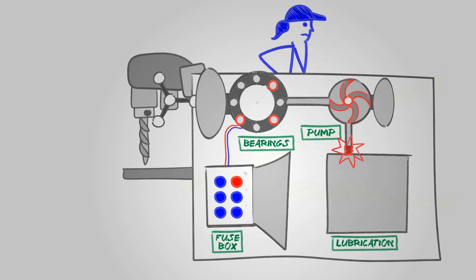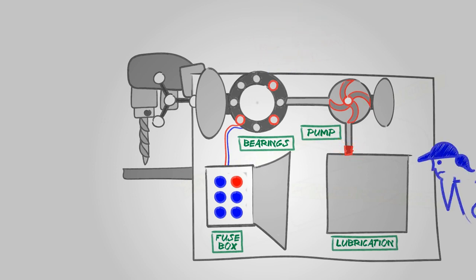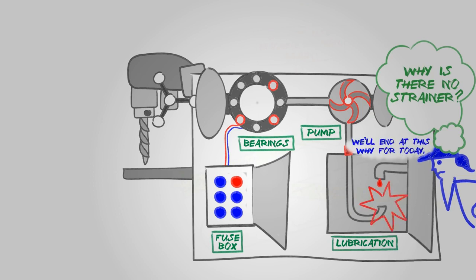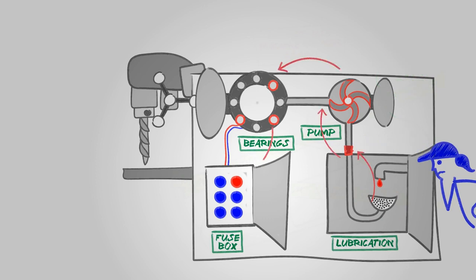Now, another why there led him to a root cause, which was that there was no strainer, which allowed metal chips to enter and damage the pump. So with the damaged shaft, the pump wasn't drawing lubricant, so there wasn't enough lubrication going to the bearing. That overloaded the machine and blew a fuse, and that stopped the machine from working.